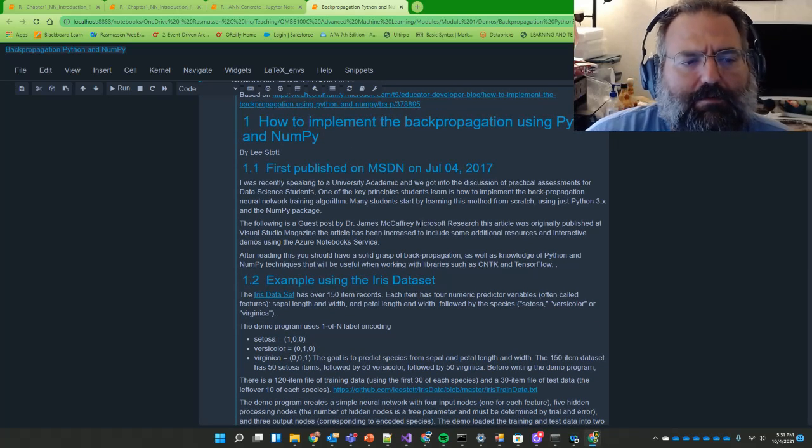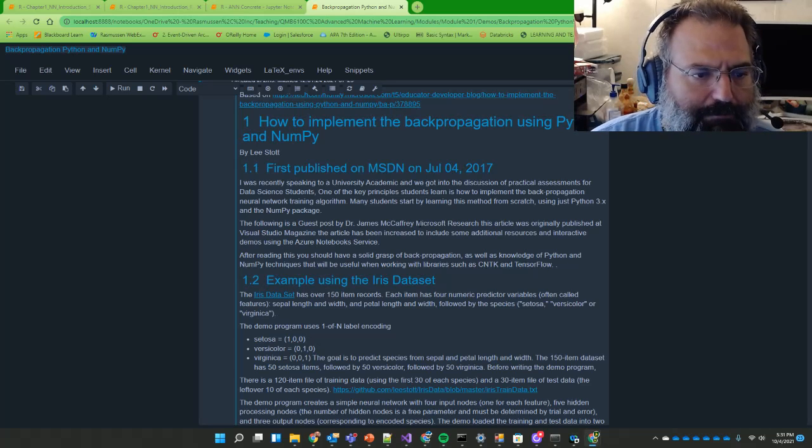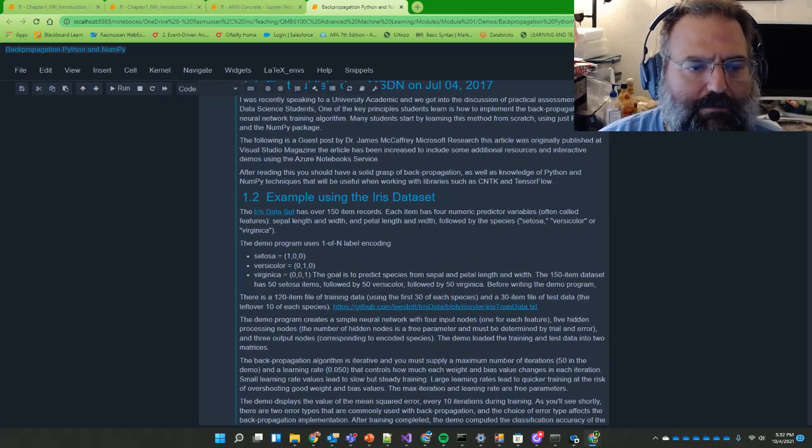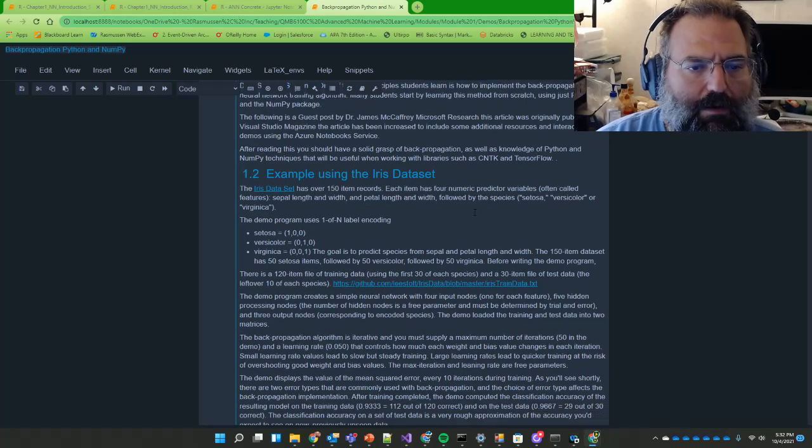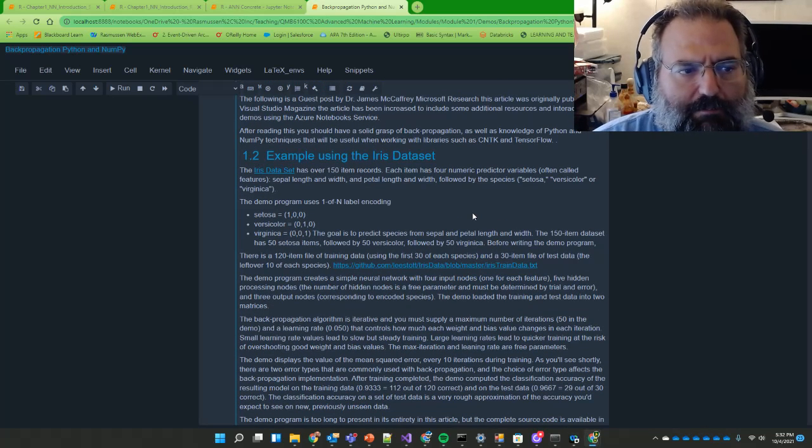And this whole thing started from an article published on MSDN back in 2017. The idea is to show how to use this sort of approach in Python and NumPy so that you have a better understanding of what's going on whenever you're using things like CNTK and TensorFlow.